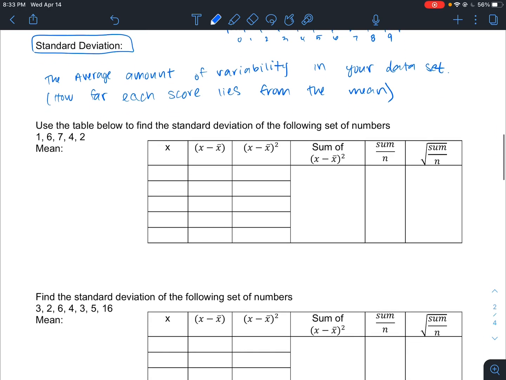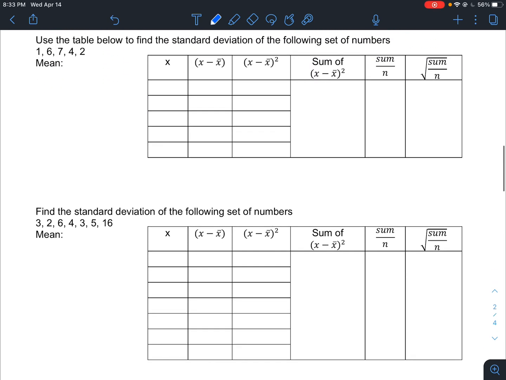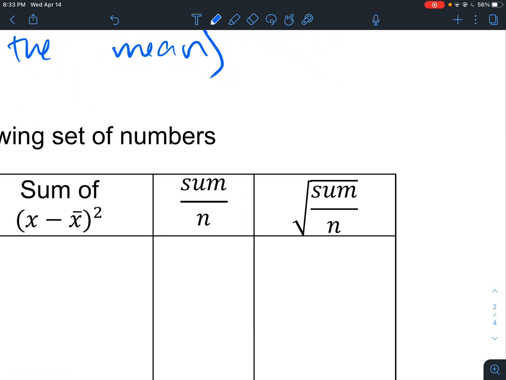Now, right here, this is a way of showing you how to find the standard deviation. As an equation, it's quite a process to find the standard deviation.